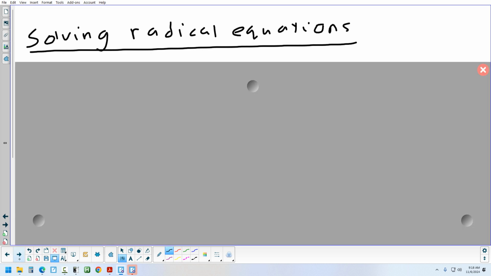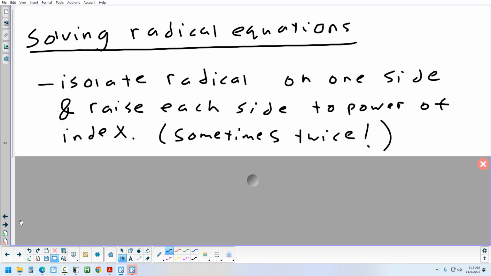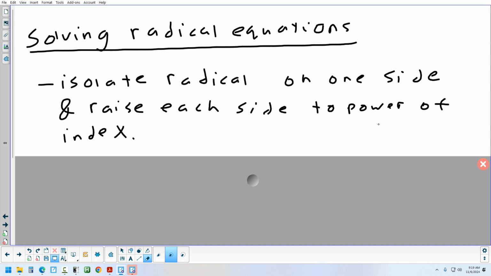Okay, so the last thing, solving radical equations. We're going to be solving equations that have roots in them, and getting the x by itself. The most important thing that we need to do when we are solving radical equations is to make sure that the radical is by itself.